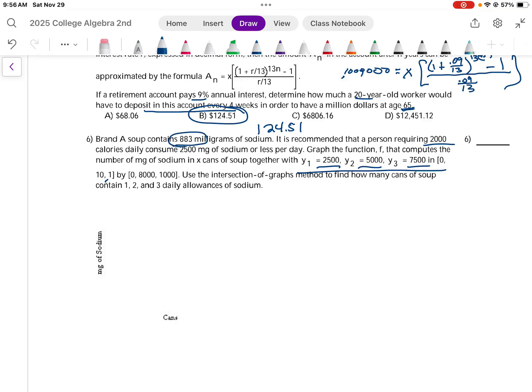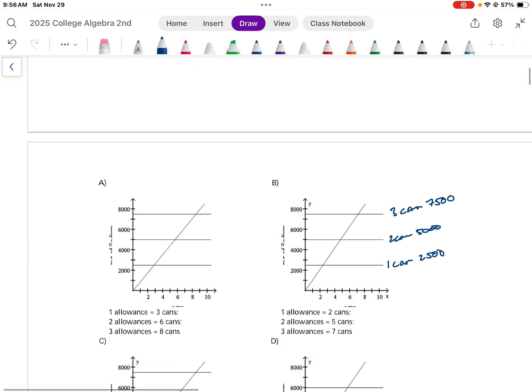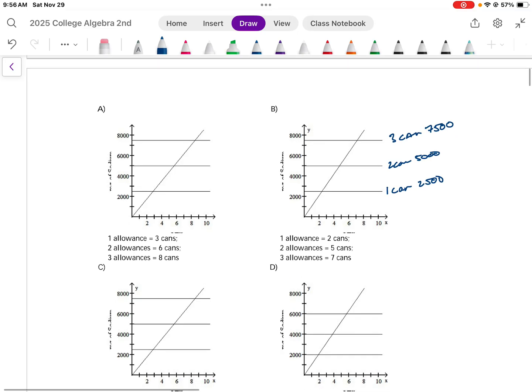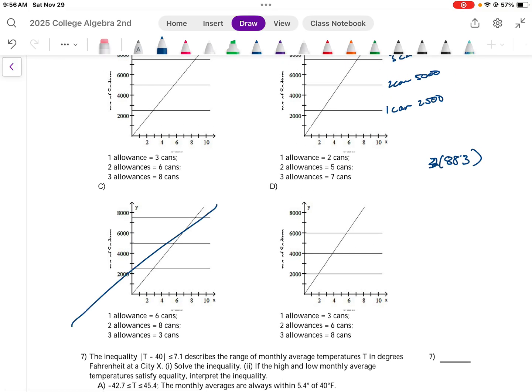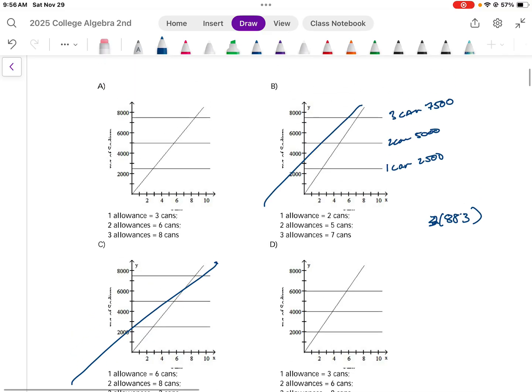If I do 883 and figure out how many cans would get me up to the 2,500, 3 times 883 would give you about 2,600. So to me, you're crossing off this choice, you're crossing off that choice.